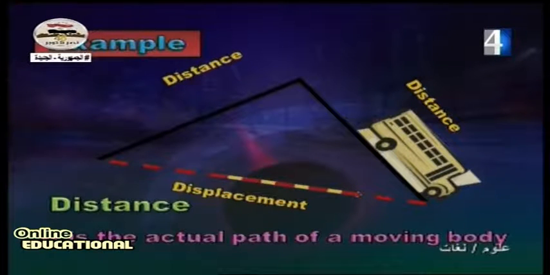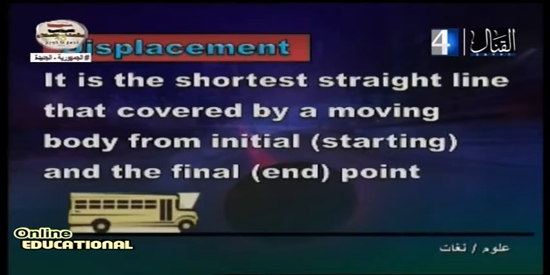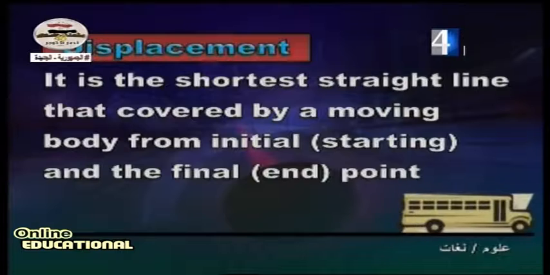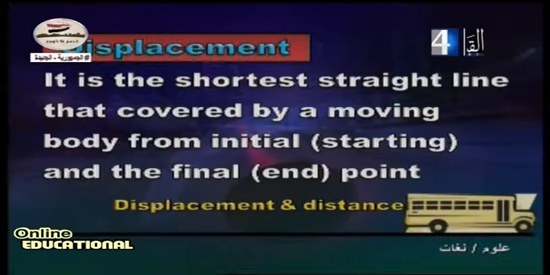So the definition of distance is the actual path of a moving body, the length of the path you actually walked. But displacement is the shortest straight line covered by a moving body between the initial or starting point and the final or end point, like this bus.